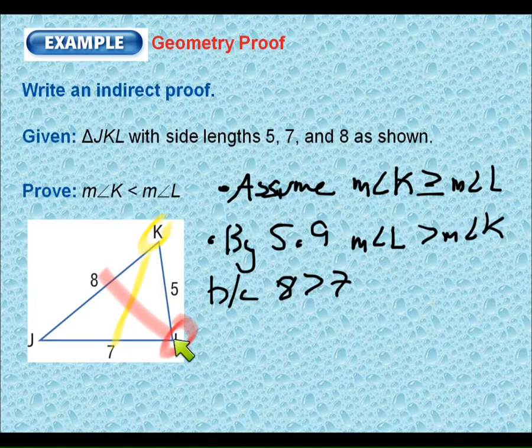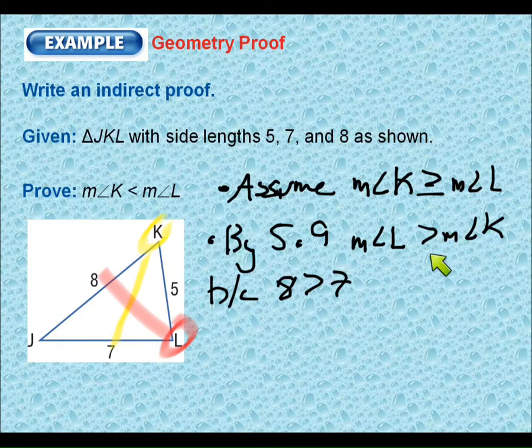Yes, question? Yes, because I have to account for the possibility that it could be equal to. Since this is strictly less than, I have to account for the or equal to somewhere in there.